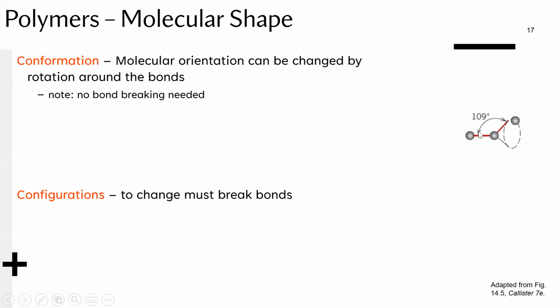So you cannot change this angle, you cannot change the length of this bond, but you can actually have this atom rotate about this point without needing to break a bond. So just based on this simple philosophy, we can actually understand how polymers, these long chains of molecules, can change their orientation and shape without changing their actual identity.